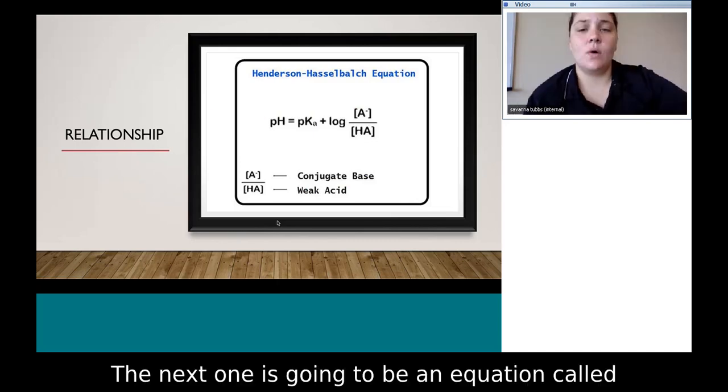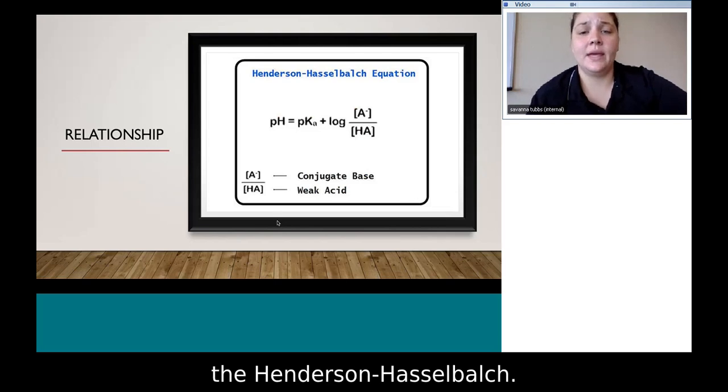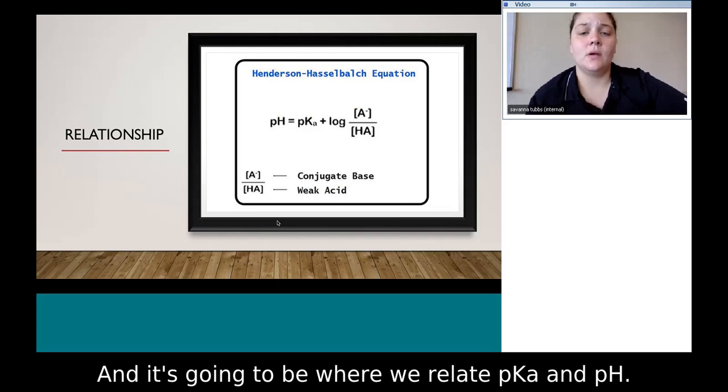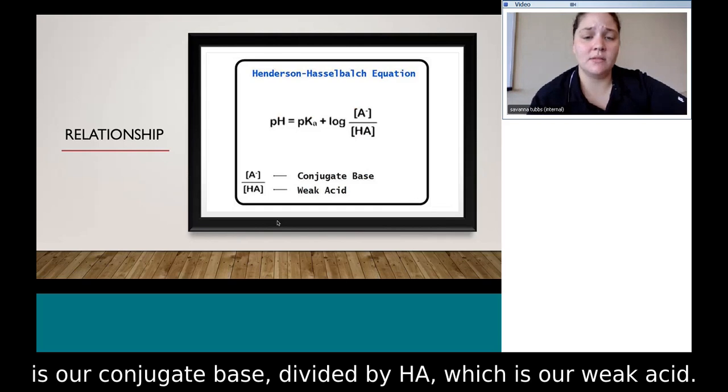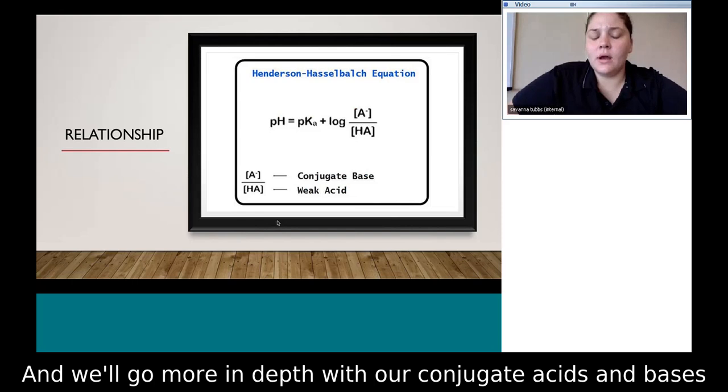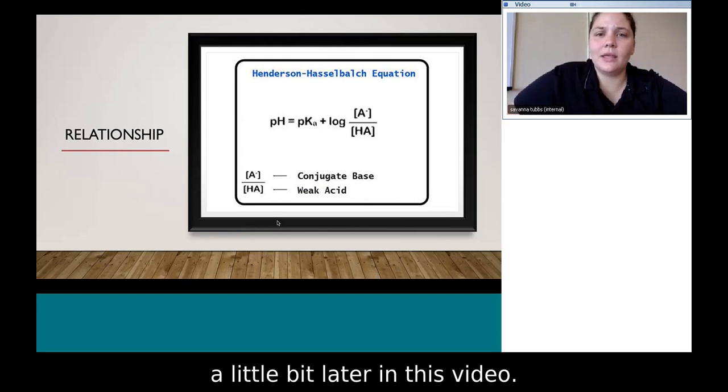The next one is an equation called the Henderson-Hasselbalch, where we relate pKa and pH. So pH equals our pKa plus log of A minus, which is our conjugate base, divided by HA, which is our weak acid. We'll go more in depth with our conjugate acids and bases a little bit later in this video.